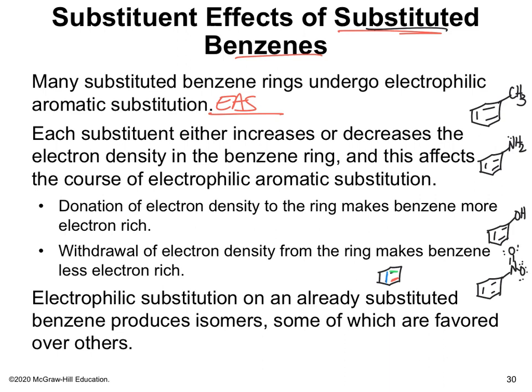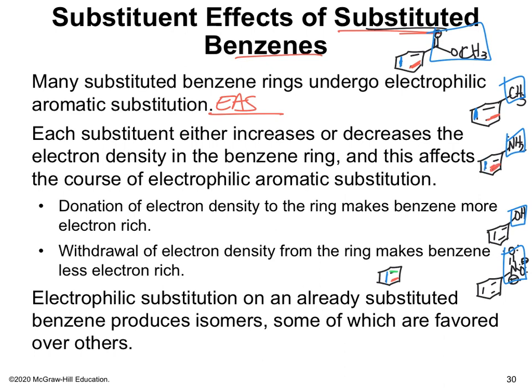Or what if it's benzoic acid or something like this? So you see how you have different substitutions. This is substituted benzene, and now it's going to matter if you pick this double bond or this double bond. Are you going to pick this double bond or this double bond?